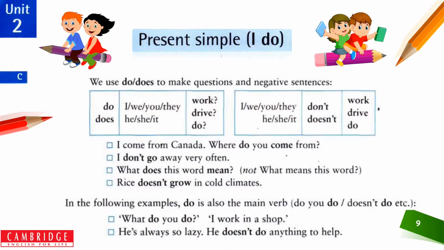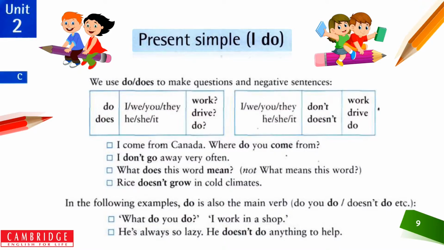That is very important. Structural identification is very important to understand grammar. Okay. So first thing you see here, questions, how to make questions. First we write the auxiliary verb, second we write the pronoun, third we write the verb. Or you can say first we write the auxiliary verb, second we write the subject, then followed by the verb.